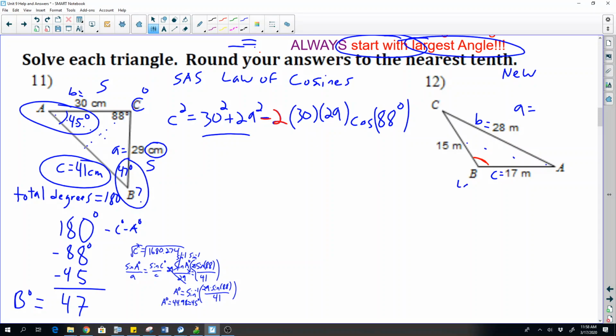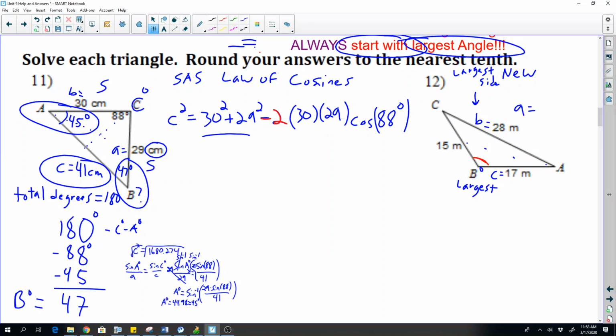B is the largest angle because it has the largest side. So little b has the largest side. So we're going to go ahead and start with angle b.